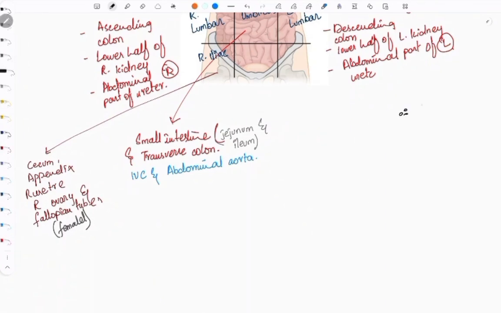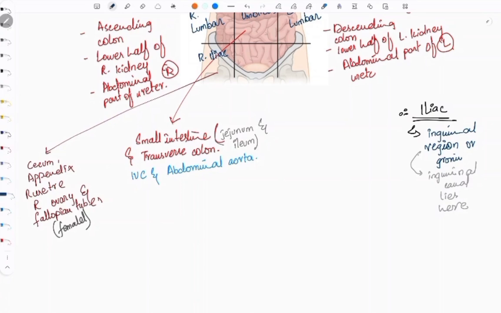An important point, the iliac region of our abdomen is also known as inguinal region or groin, as the inguinal canal lies here.